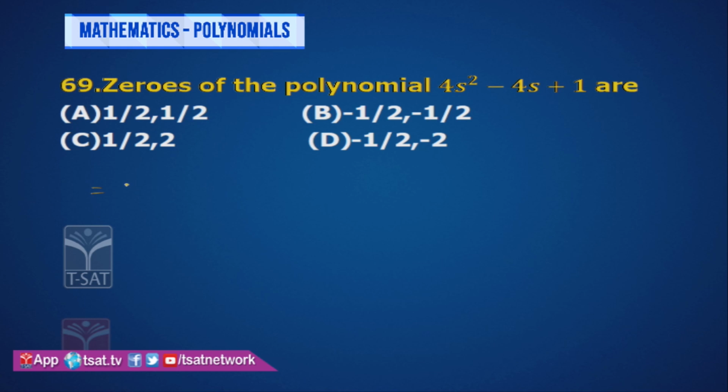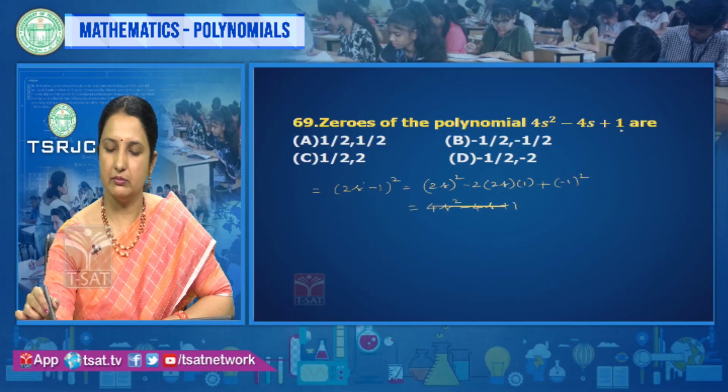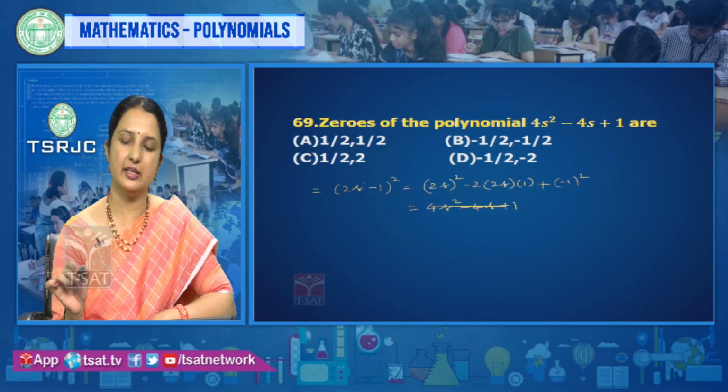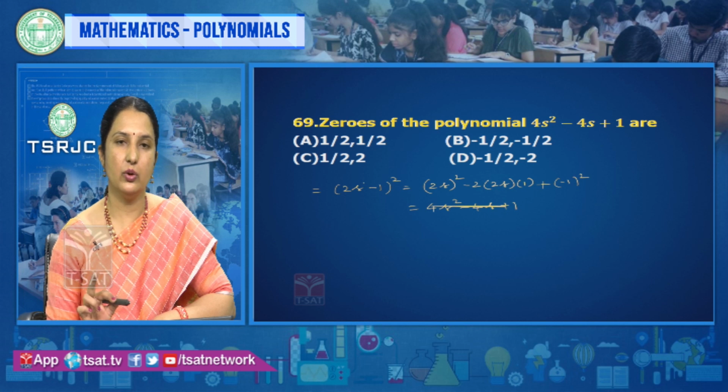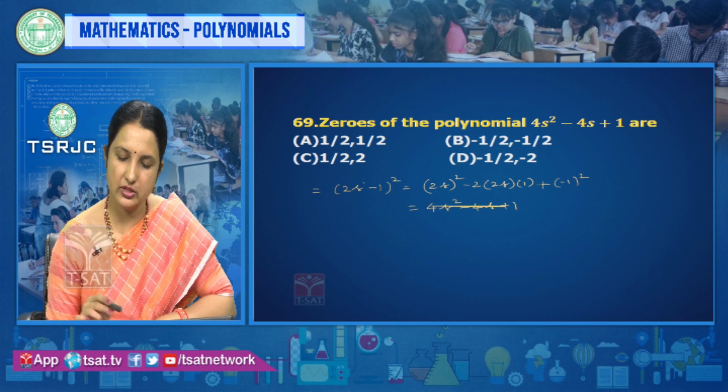You can write this in the form of 2s minus 1 whole square: 2s whole square minus 2 into 2s into 1 plus 1 square, which means 1 only, that is 4s square minus 4s plus 1. So, this is the same as the a minus b whole square form. A minus b whole square contains coincident points, which means the zeros are same.